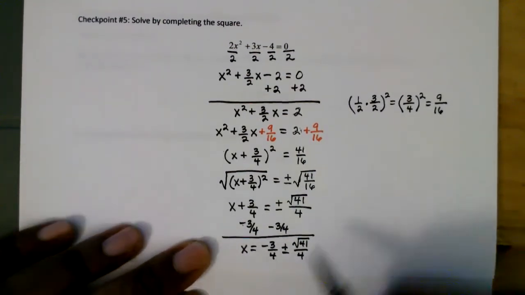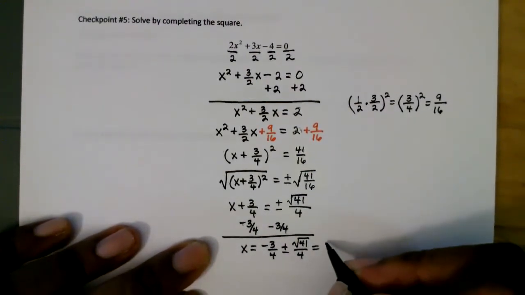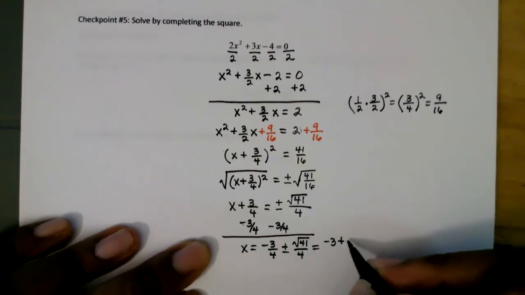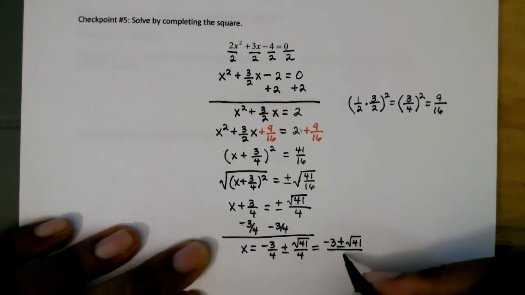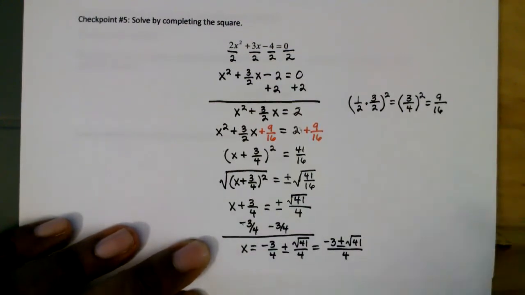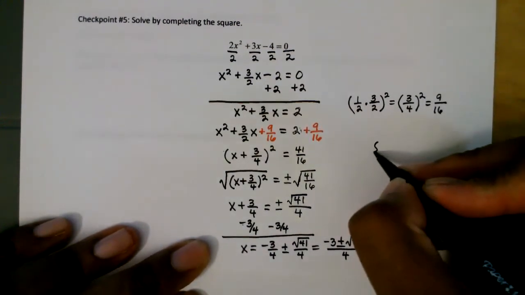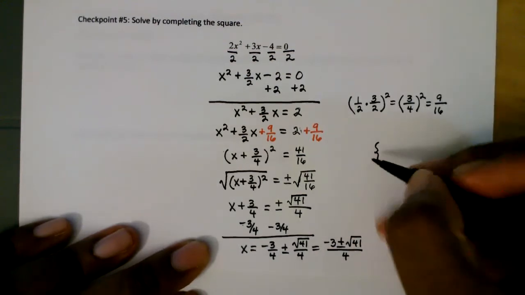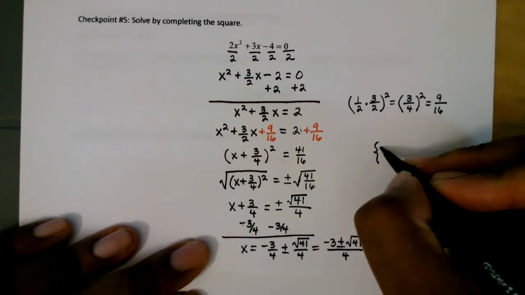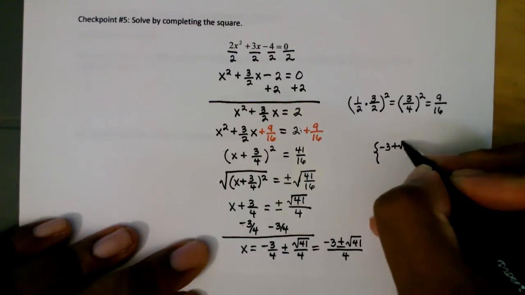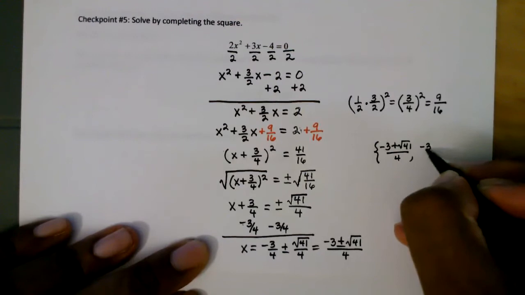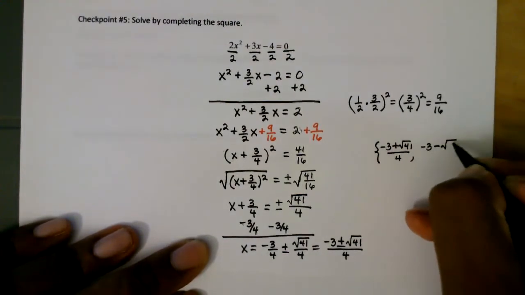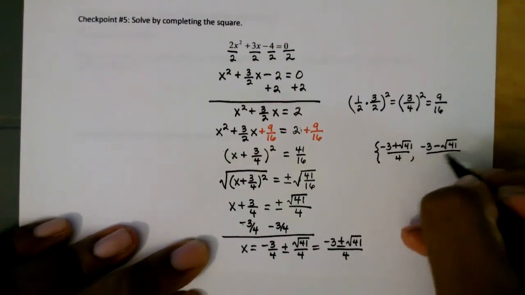And since my denominators are the same, I can rewrite this as negative 3 plus or minus the square root of 41, whole thing over 4. So here, my final answer will be this, negative 3 plus the square root of 41/4, then negative 3 minus the square root of 41 all over 4.